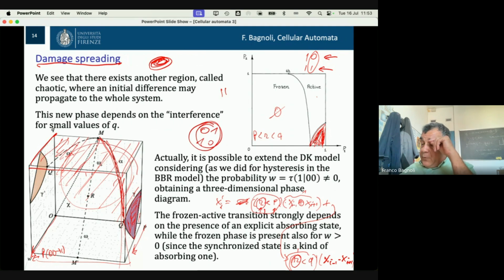While if you use two different random numbers, they can be different also.